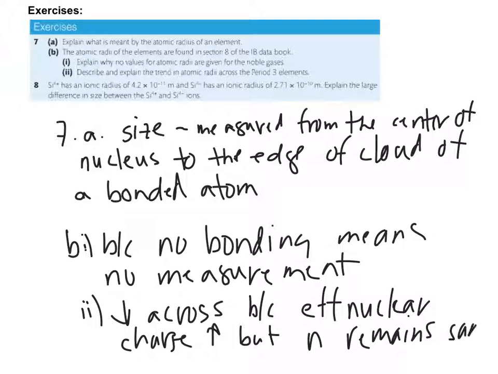So you're not adding any new energy levels, no new floors for the electrons to go into. So even though you're adding more electrons, they're just going into orbitals already there. But the effective nuclear charge is going up by 1 every element that you move over. So that's going to pull the electrons in tighter, making the radii smaller.